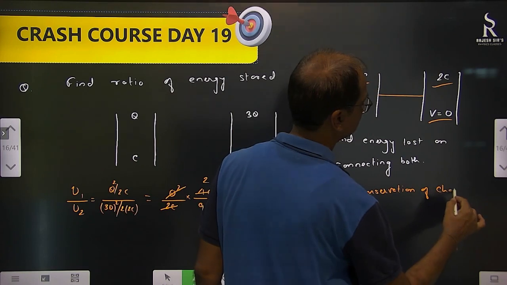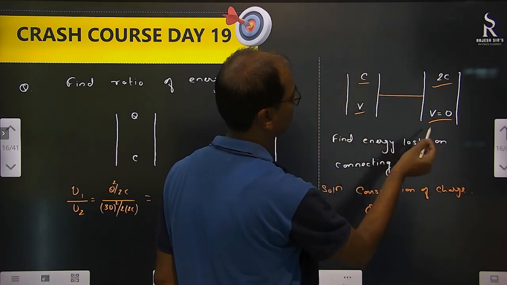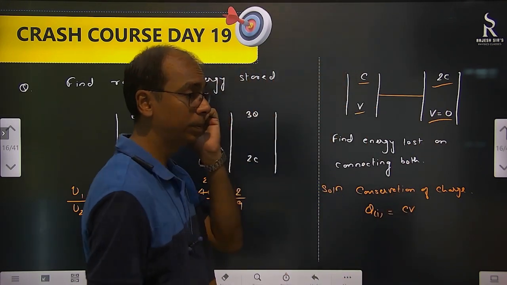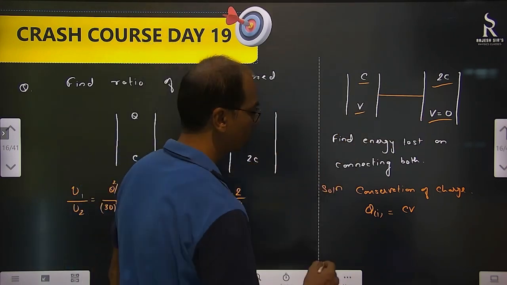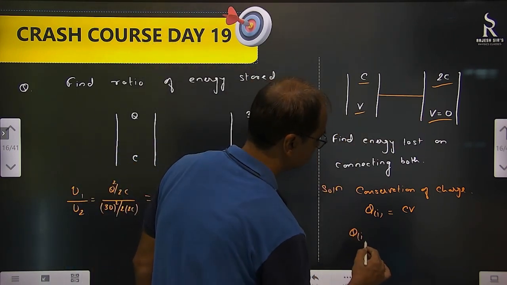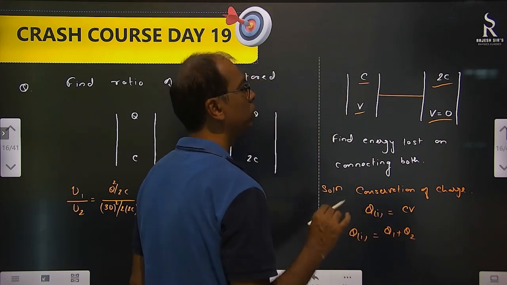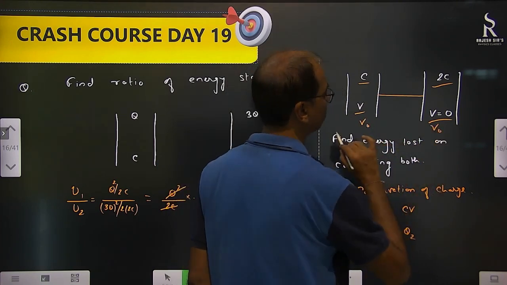Okay. So what is the initial charge? Qi. Qi is only with this one because here the potential is 0. So Qi is CV. Finally, what will happen? There will be charge on this one also and charge on this one also. So Qi equals Q1 plus Q2. And we said that both will have the same potential also, because till the potential becomes the same, charge will keep on flowing.